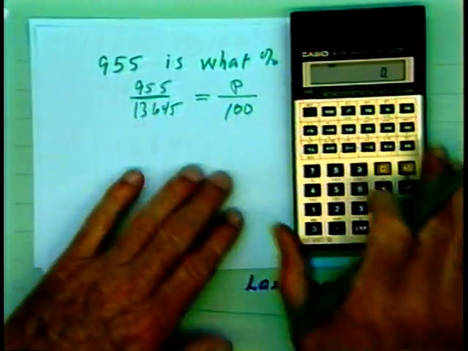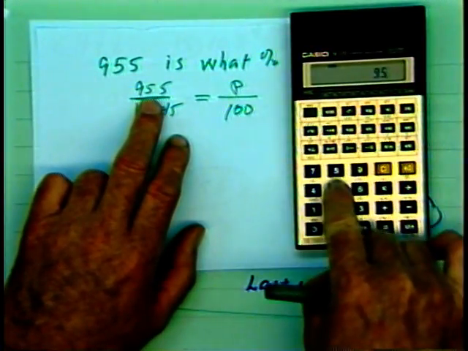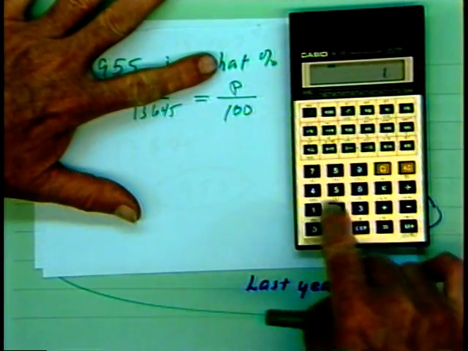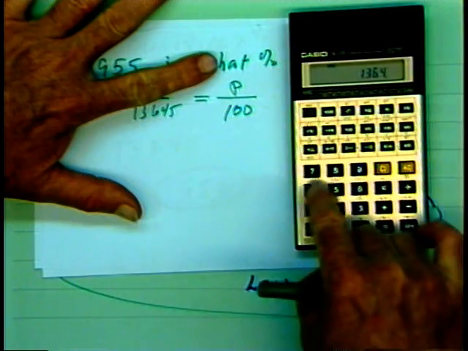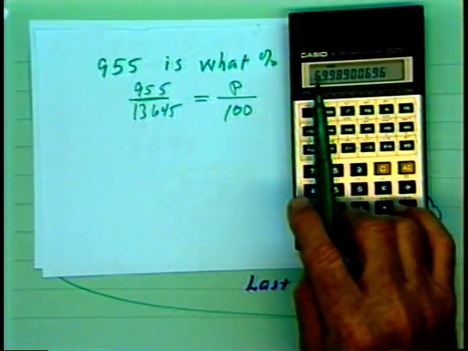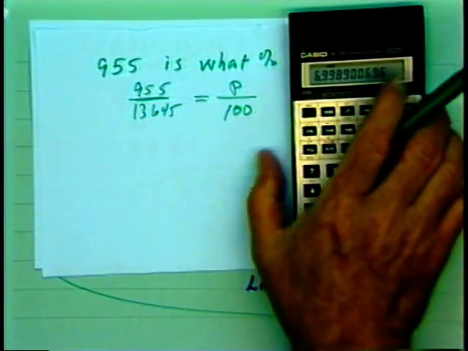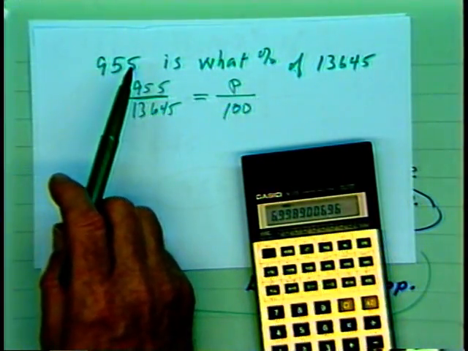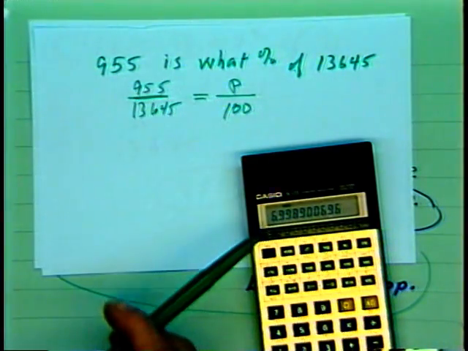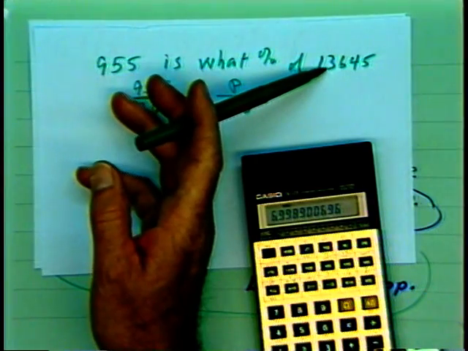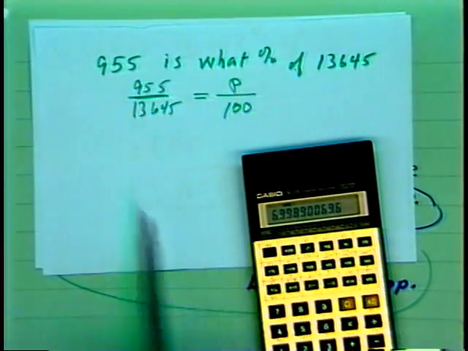Now working this problem, we get 955 times 100 divided by 13,645, and we get, rounded off to the nearest whole percent, 7%. So our increase, which was actually 955, was indeed, to the nearest whole percent, 7% of last year's population.